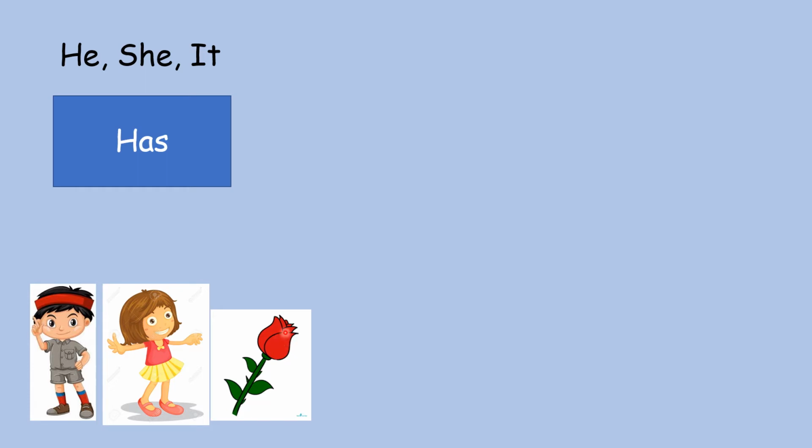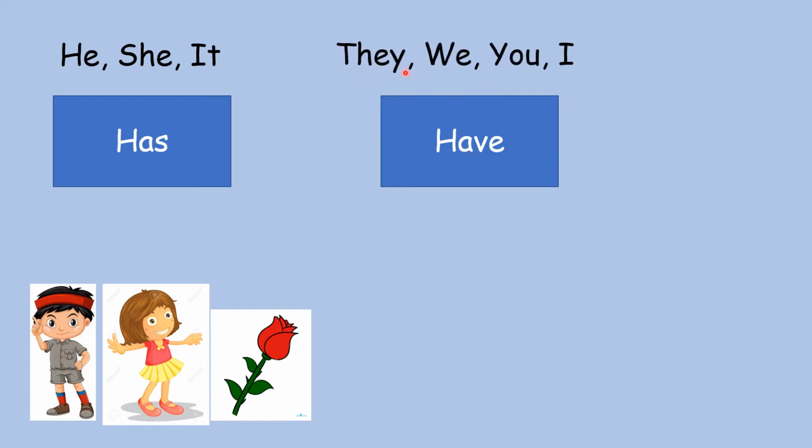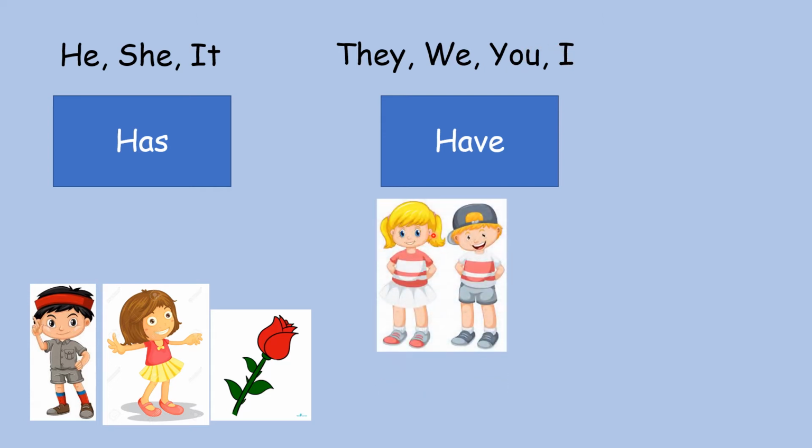Now let us do have. The word have is used for pronouns like they, we, you, or I. It is more than one. They have shoes on.